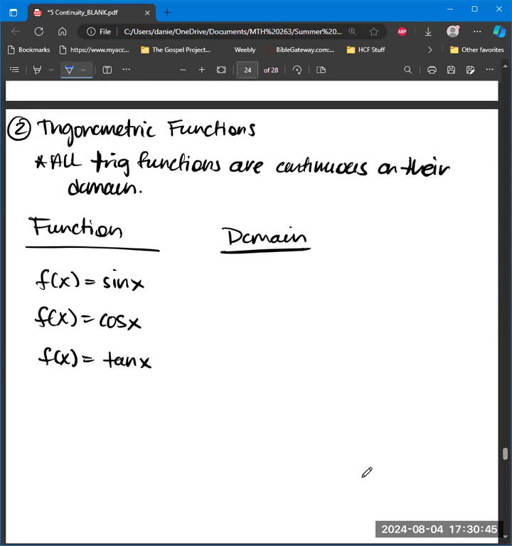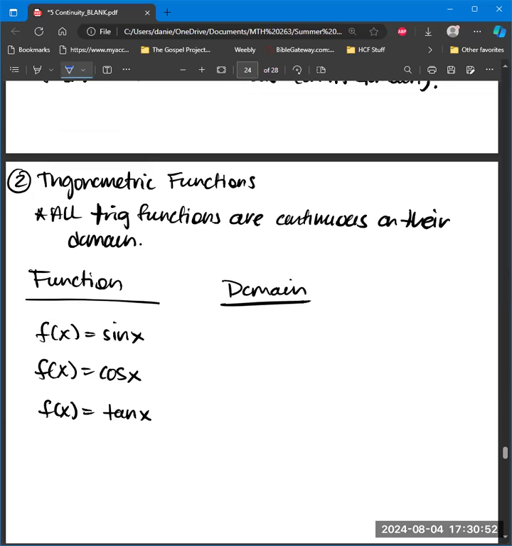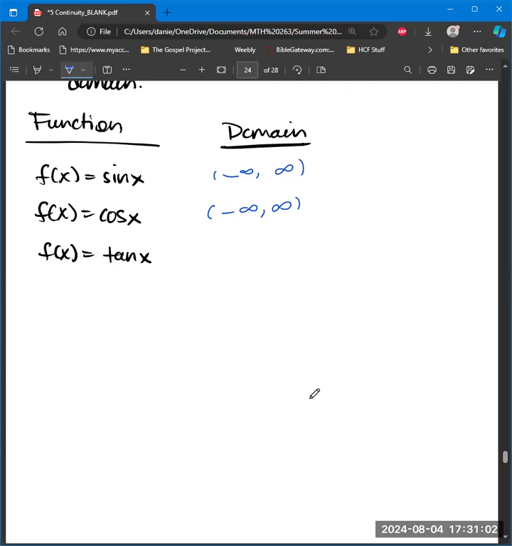All trig functions are continuous on their domain, and the domain of sine is going to be negative infinity to infinity, cosine negative infinity to infinity. Tangent of x is going to be everywhere other than the zeros of cosine. So that's going to make us eliminate all of the odd multiples of pi over 2. So x such that x is not equal to (2k plus 1) pi over 2.